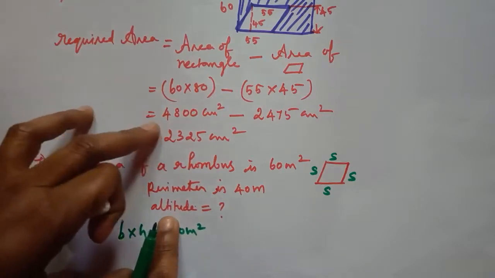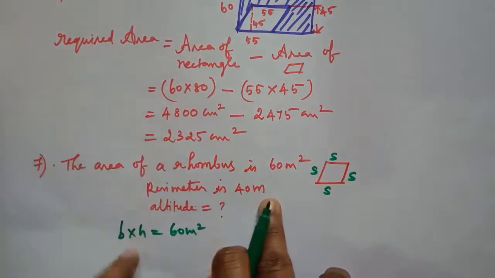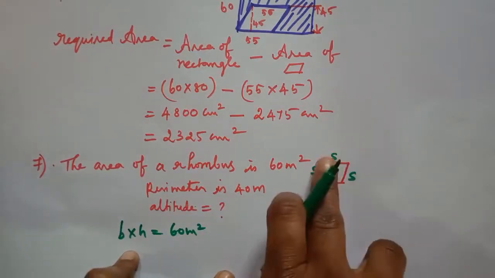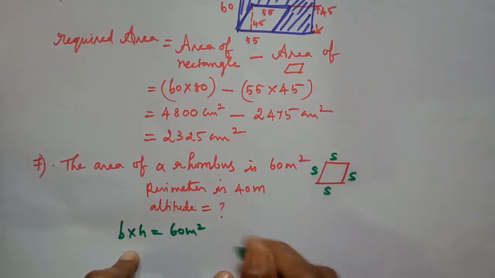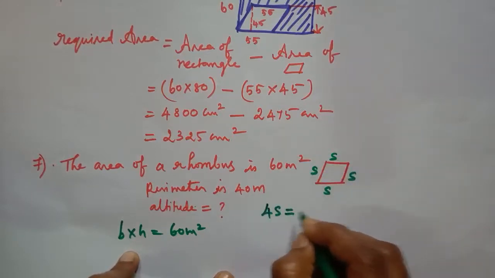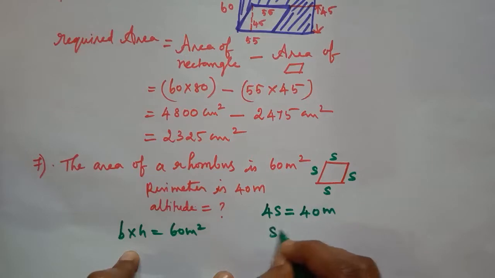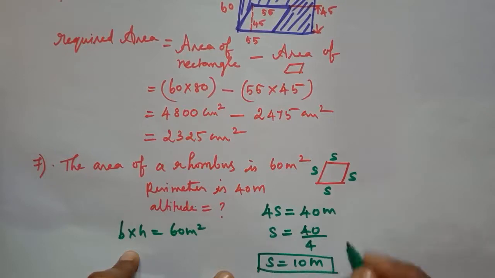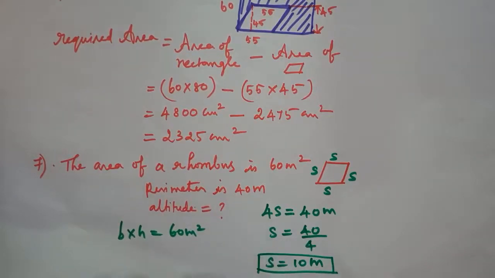Is it clear? Here perimeter is 40 meter, and in a rhombus all sides are equal, you already know. So 4s is equal to 40 meter, therefore s is equal to 40 by 4, s is equal to 10 meter. That means one side is equal to 10 meter, that is base.